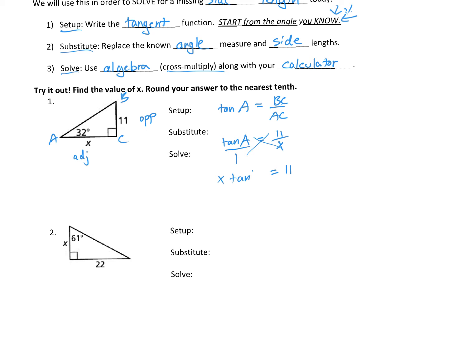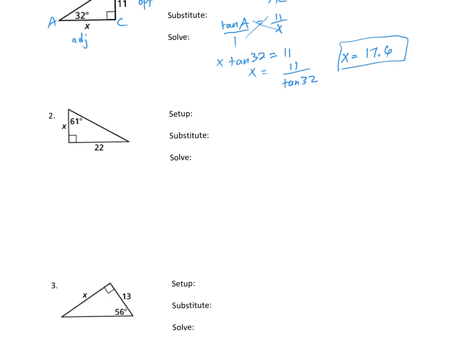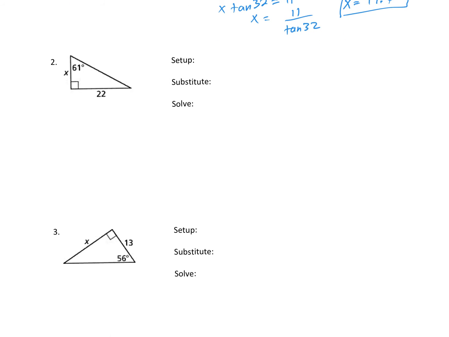That's 32 degrees. So then x equals 11 divided by tangent of 32. We need to use our calculator for that. We punch that in. X must equal 17.6. That's our side length.